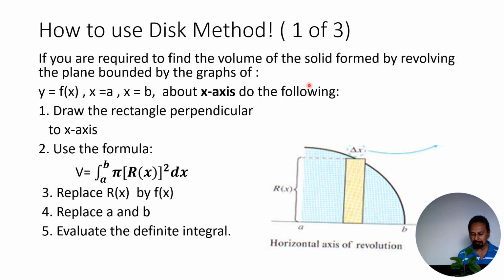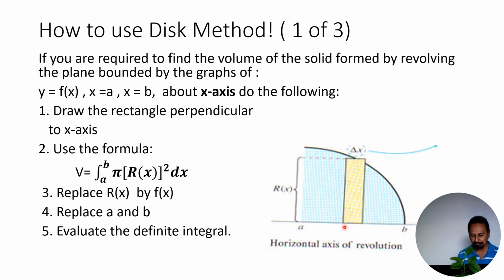Let's see how to use this method. If you are required to find the volume of the solid formed by revolving the region bounded by the graphs y equal to f of x, x equal to a, and x equal to b about the x-axis, you should do the following. Draw the rectangle perpendicular to the x-axis, just like this one.